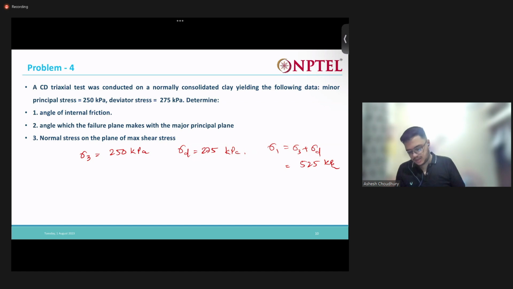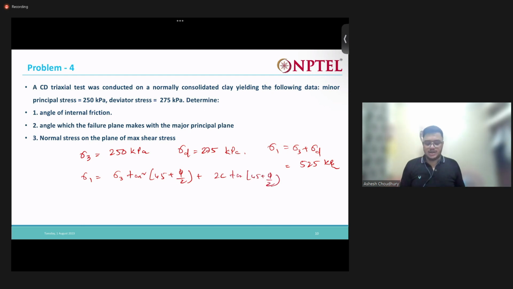Now again we will be using the same equation: sigma 1 is equal to sigma 3 tan squared (45 plus phi by 2) plus 2c tan (45 plus phi by 2). As I said, for CD test on NC clays, normally consolidated clays, the C value is generally 0.